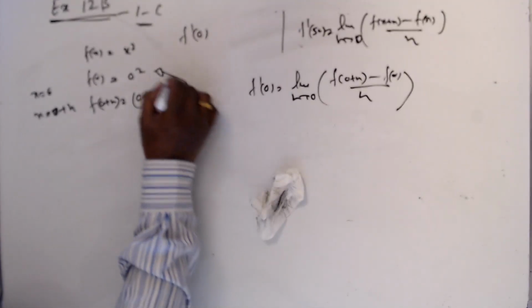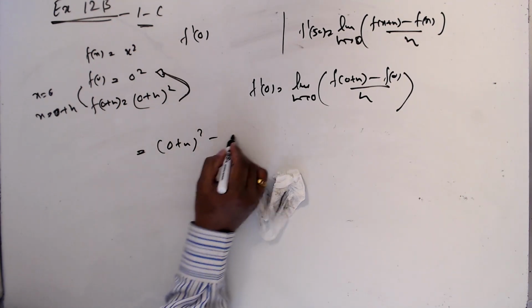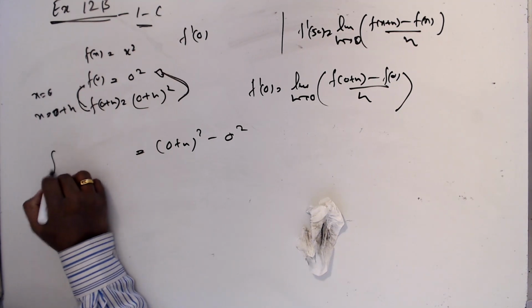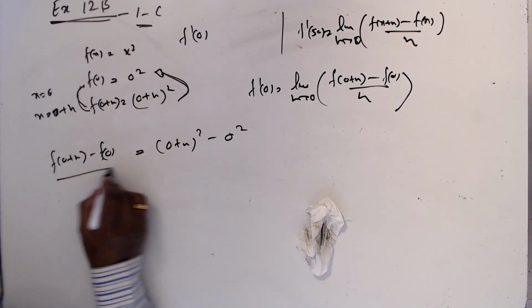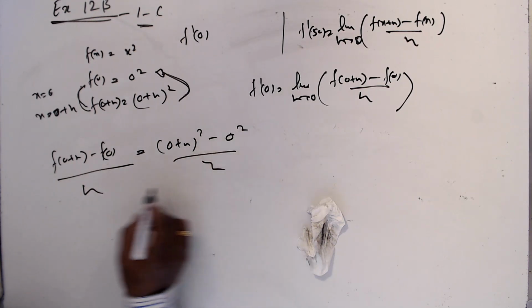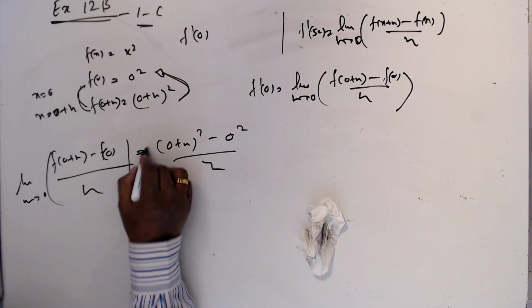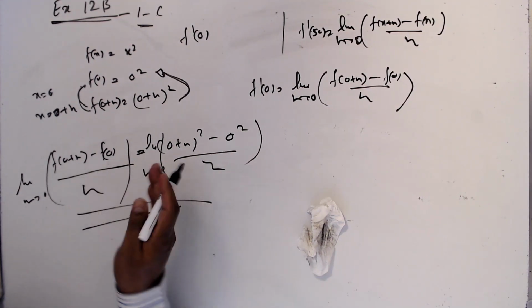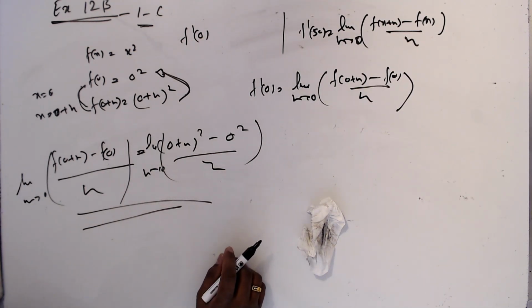You have to subtract those two, so (0 plus h) square minus 0 square, and divide both sides by h, with limit h goes to 0. So I'm showing this one in case you forget, so you can still work it out.